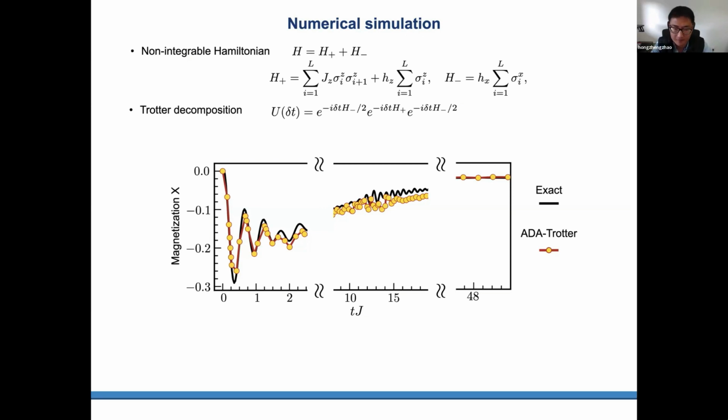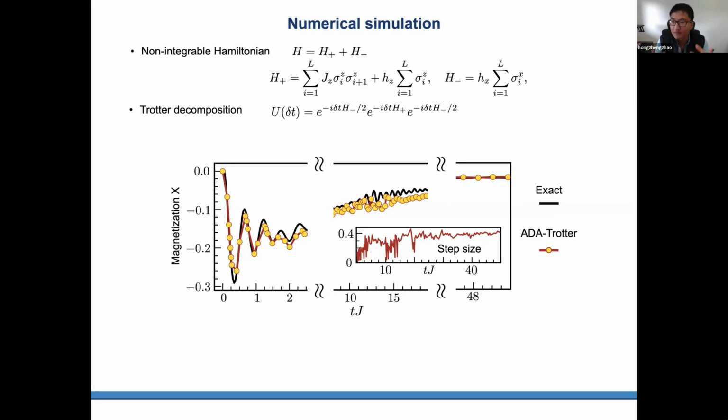For this specific simulation, you can see that this adaptive method not only captures the early time coherent oscillation, but also the intermediate transient dynamics and the long time evolution. You do see some errors, for sure, but those errors can be systematically suppressed or controlled by using smaller threshold values in our conservation laws. This inset shows the step size, which is automatically chosen by this adaptive algorithm.